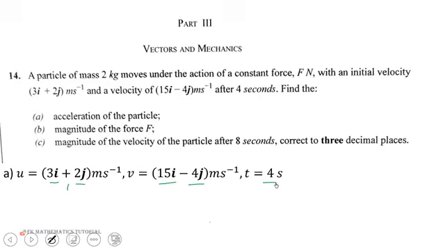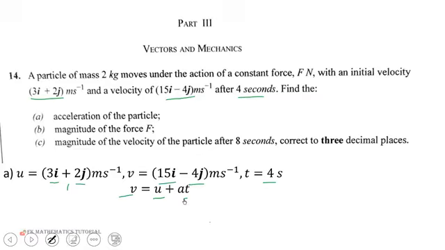So this was the information we picked from the question. Since it is constant motion, we are going to use this equation of constant motion, v equals u plus at. So we are going to substitute the v, the u, and the t, so that we solve for a, which is acceleration.